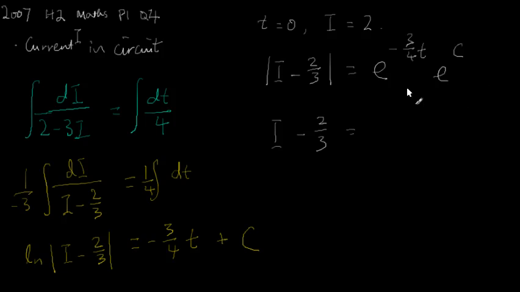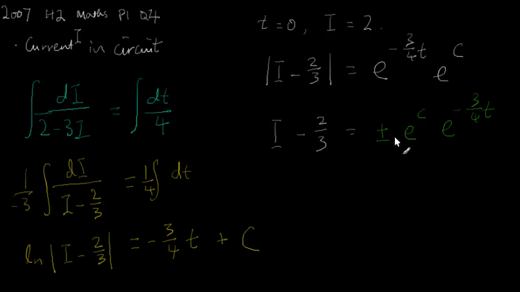Now this is always plus. E to the power of a number, a positive number to the power of something, is always a positive number, if the power is real, of course. So therefore, since this can be plus or minus, I should add a plus minus sign there. It's because previously this is the magnitude of I minus 2/3. But now that I remove the modulus sign, it's possible that this is actually either plus or minus. That's why I need to include this.